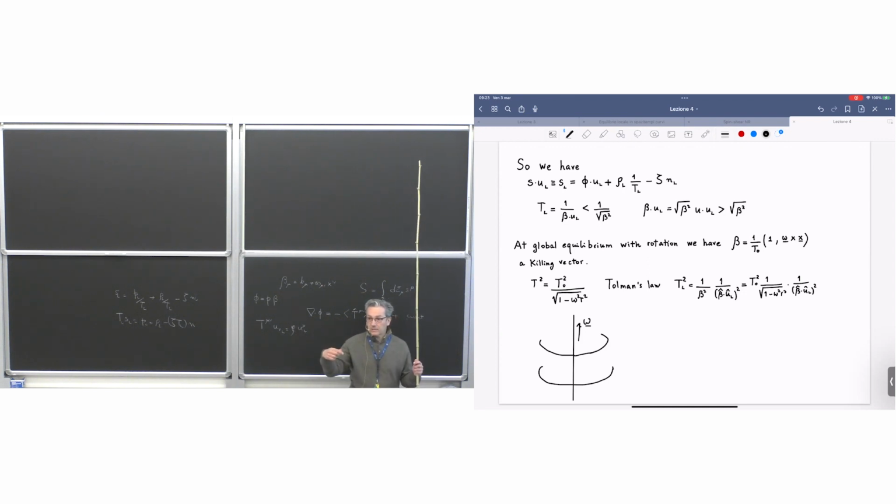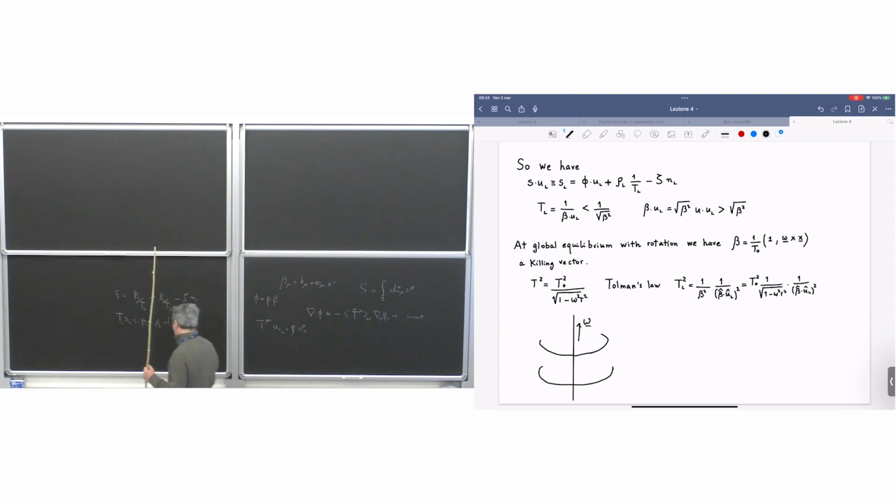And the proper temperature, 1 over square root of beta squared, is equal to T_0 divided by square root of 1 minus omega squared R squared, where R is the distance from the axis. This law is called Tolman's law. It corresponds to T square root of g_00 being constant, and describes how the temperature changes in a gravitational field.